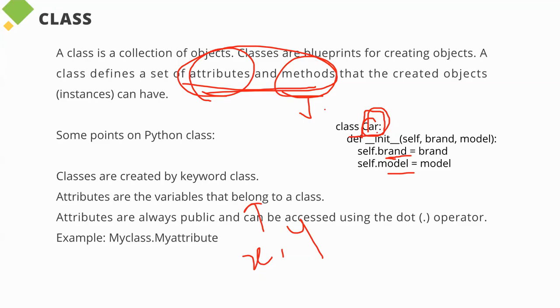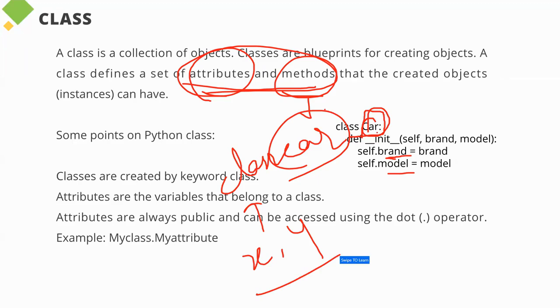So the important points about a class: the creation of a class is the class keyword followed by the class name and followed by a colon. Attributes are the variables that belong to the class, and attributes are always public. You can access the attributes by calling them.